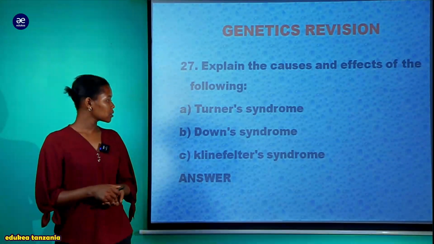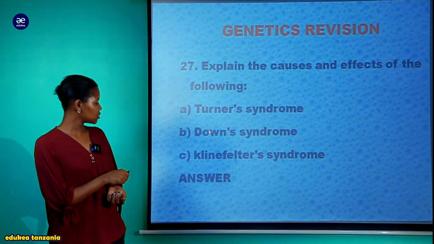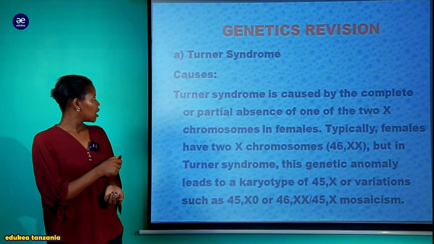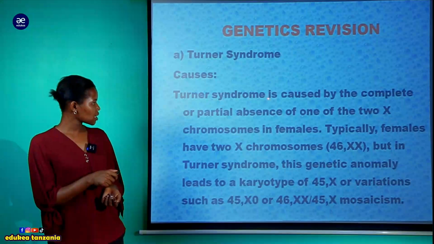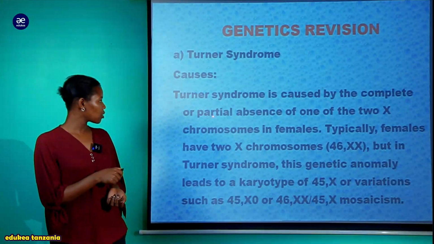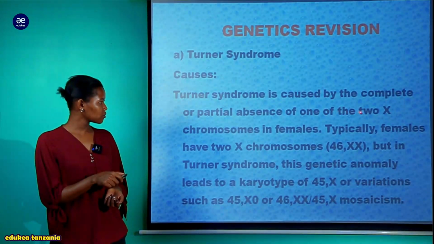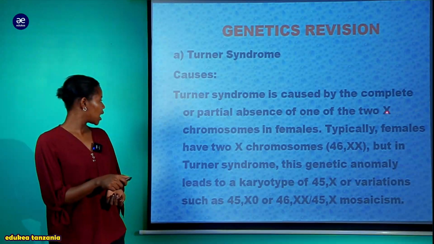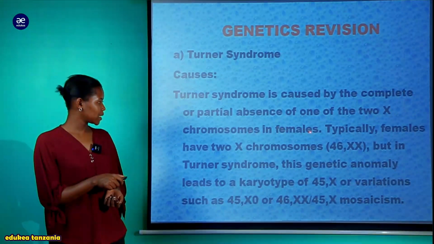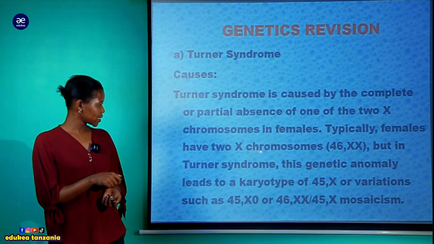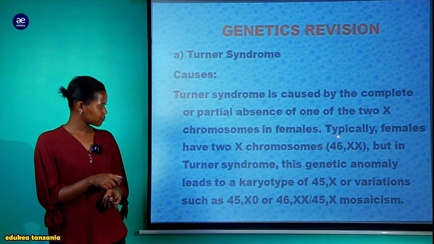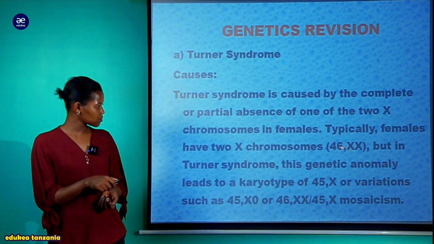And now we are going to start with the Turner's syndrome, starting with the causes. Turner's syndrome is caused by the complete or partial absence of one of the two X chromosomes in females. Typical females have two X chromosomes, making 46 chromosomes.